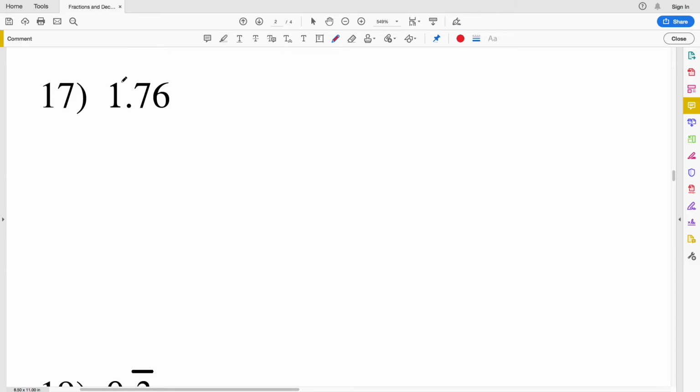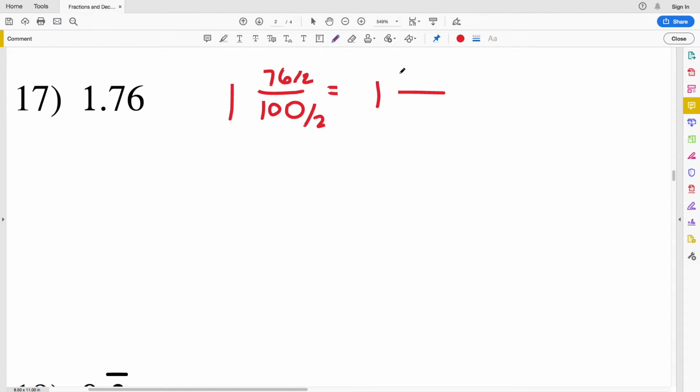In number 17, we have 1 76/100ths. So I'll write this as 1 76/100ths. However, both 76 and 100 are divisible by 2. So let's start there. So dividing 76 by 2 and dividing 100 by 2 will get 1, and 76 divided by 2 is 38, and 100 divided by 2 is 50.